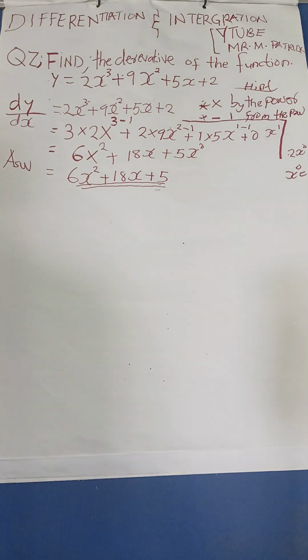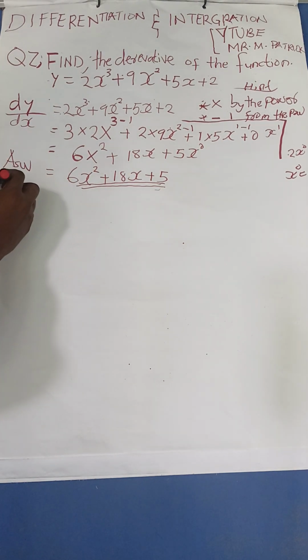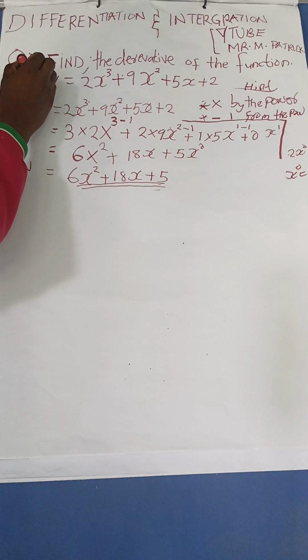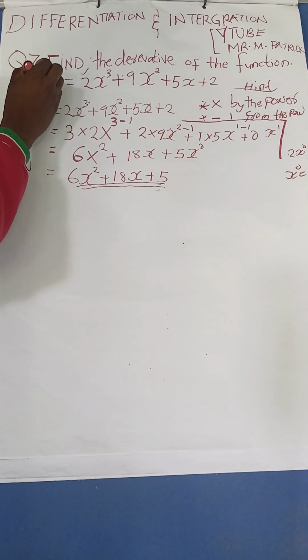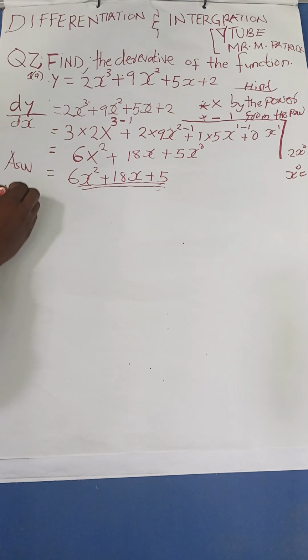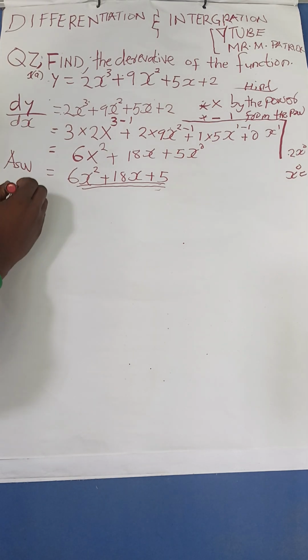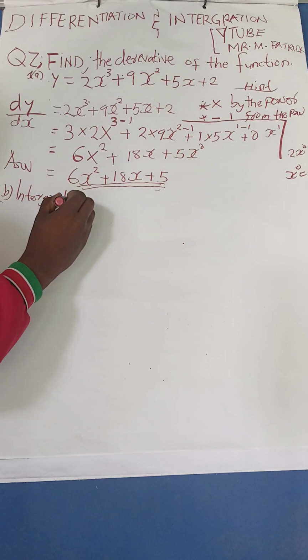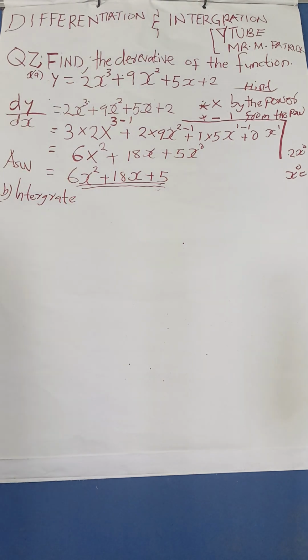Now, we want to integrate. So, the question might come now: integrate the function. Let's say this was question 1, part A, then part B, we want to see you integrate the function.